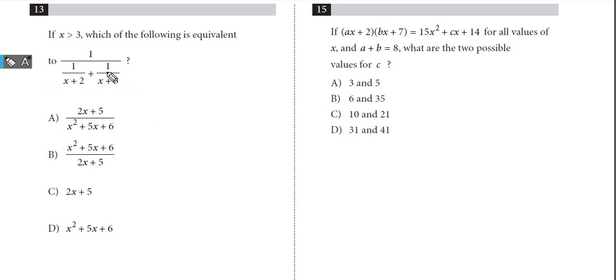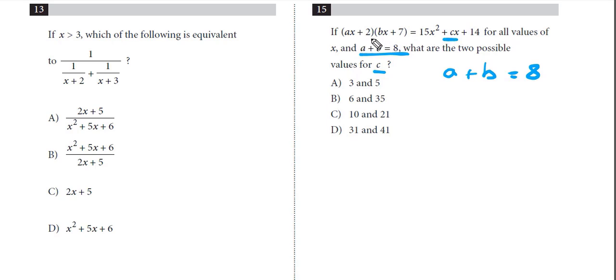And the next question here: if ax plus 2 multiplied by bx plus 7 is equal to 15x squared plus cx plus 14 for all values of x, and a plus b here is 8, then you have a plus b is equal to 8. What are the two possible values of c? C is what here? The coefficient of x.